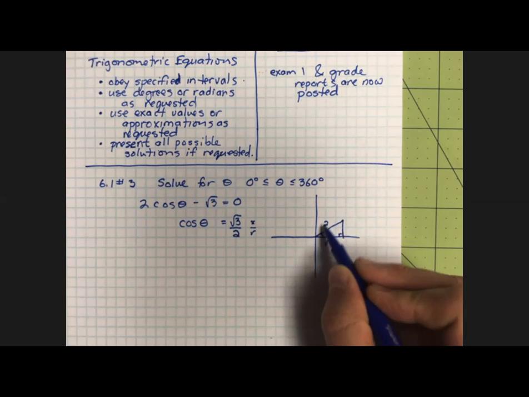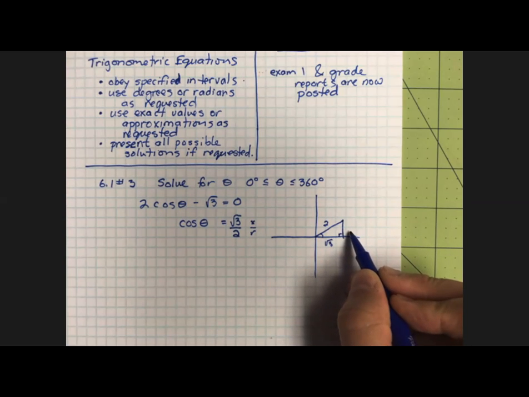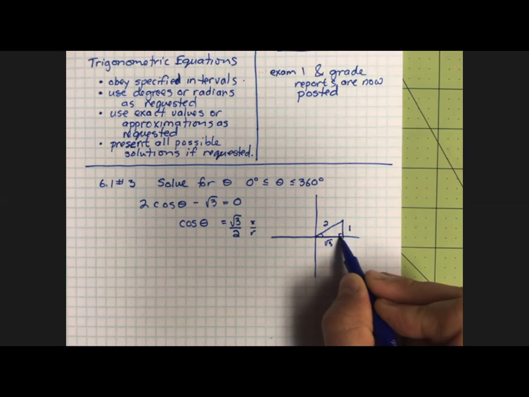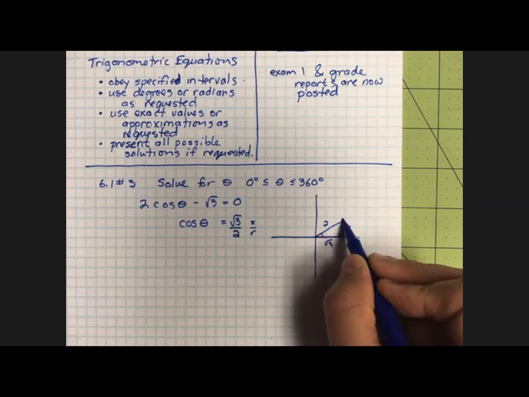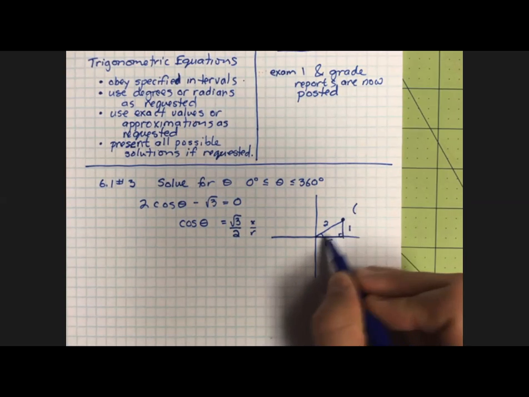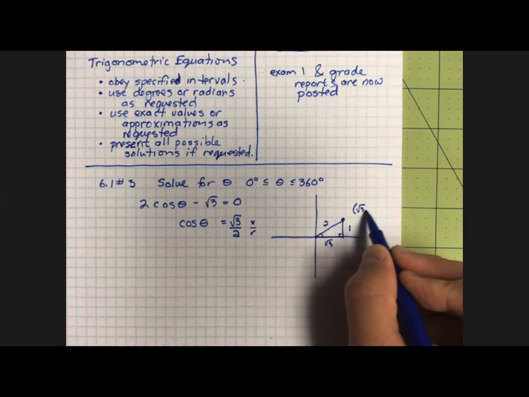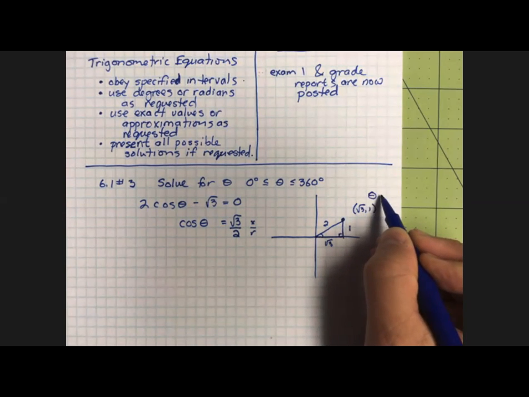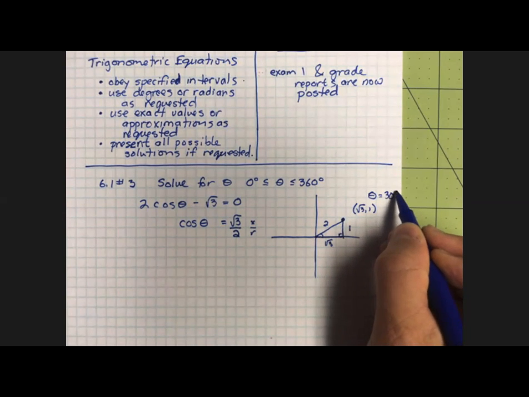I can fill in the third side with the Pythagorean theorem, or I can fill in the third side because I've memorized this ratio. This third side is going to be length 1. And so this point right here is root 3 comma 1. And I know this angle is 30 degrees.